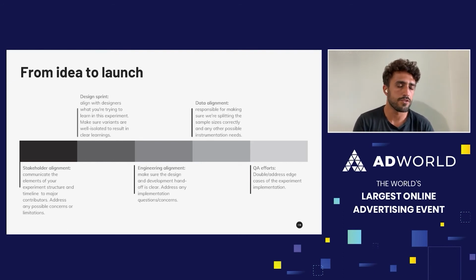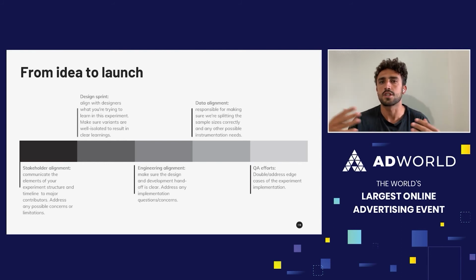The first step, which I believe is the most important one, is stakeholder alignment. You, as the person leading this effort, should be the one communicating with each and every stakeholder that you envision will be part of this process, to make sure they understand the structure you provided, why you're running this experiment, and the potential impact, and to align on timeline and bandwidth so people understand that this initiative is coming.